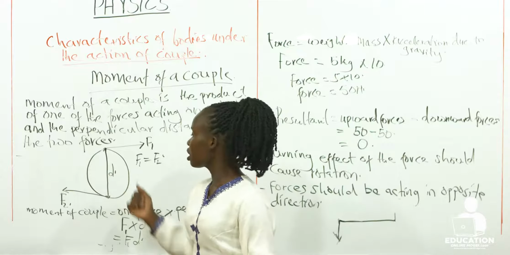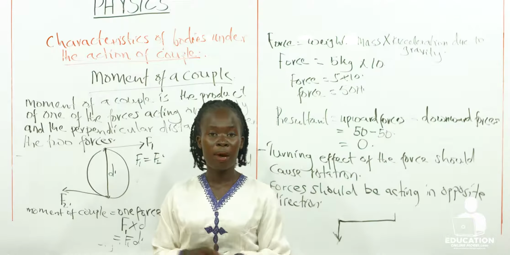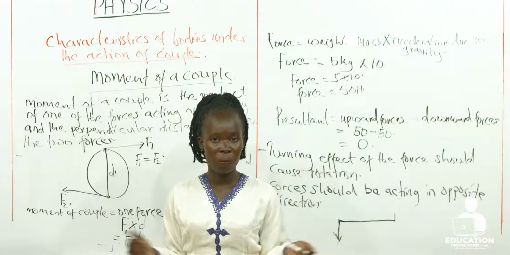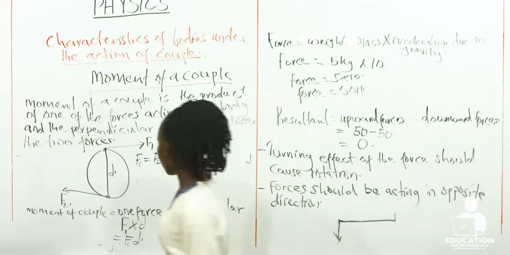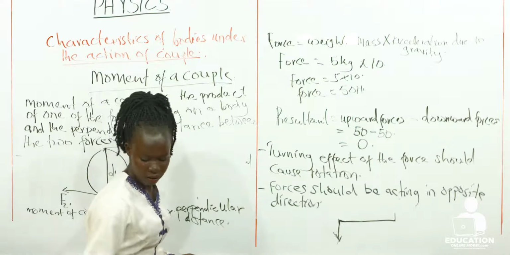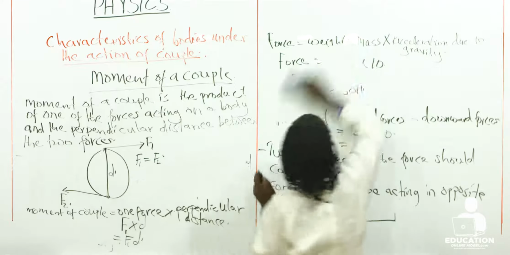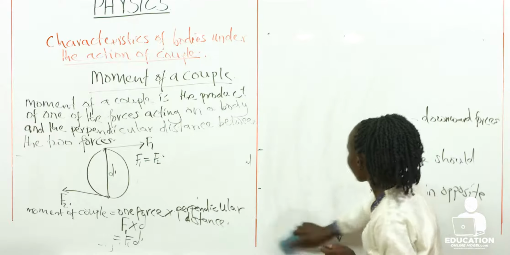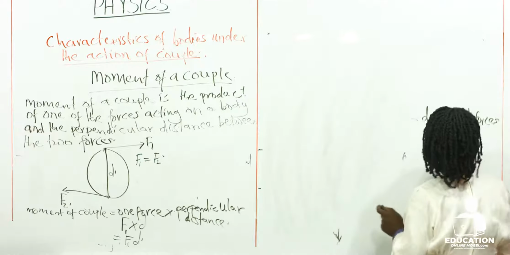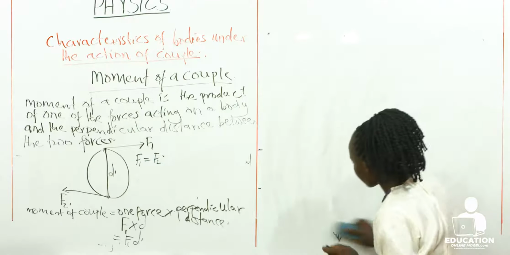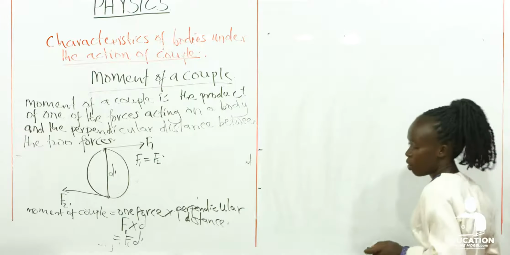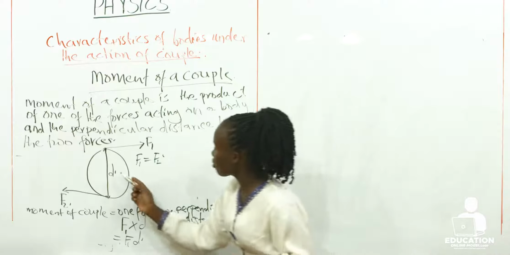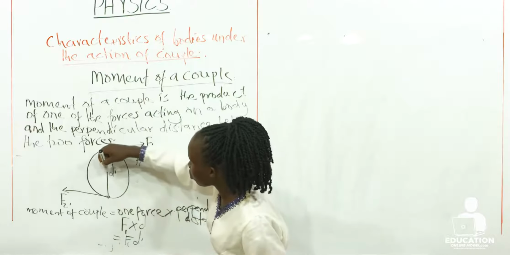What if they have not given you the diameter, but instead they have given you the radius of the circle? What do you do? So let's see if it is the radius. We know that this diameter here is equivalent to 2 radii.